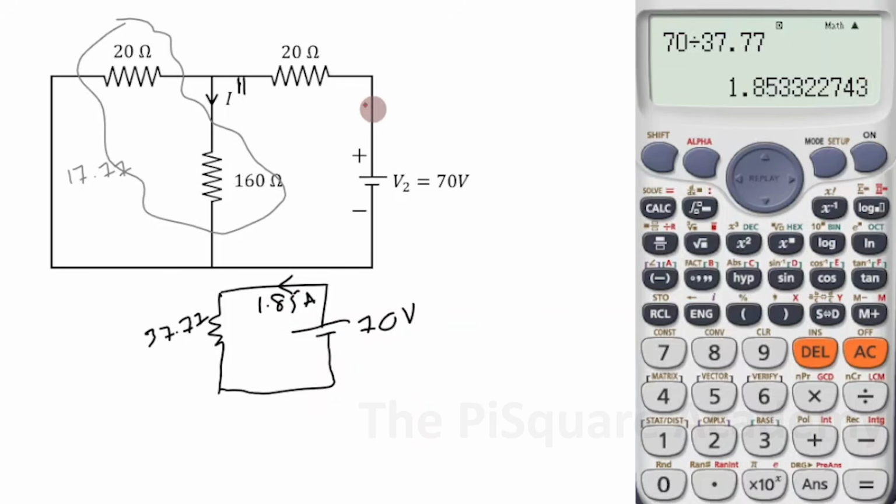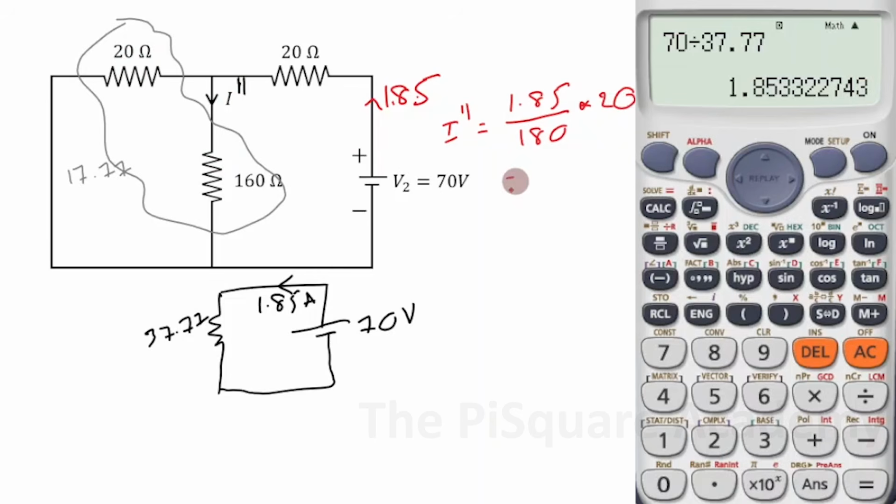So the current delivered by this source is 1.85. Now I want this current, I double prime. Use current division: total current, which is 1.85, divided by the sum of the resistances, into, since I want this current, I multiply with this resistance.